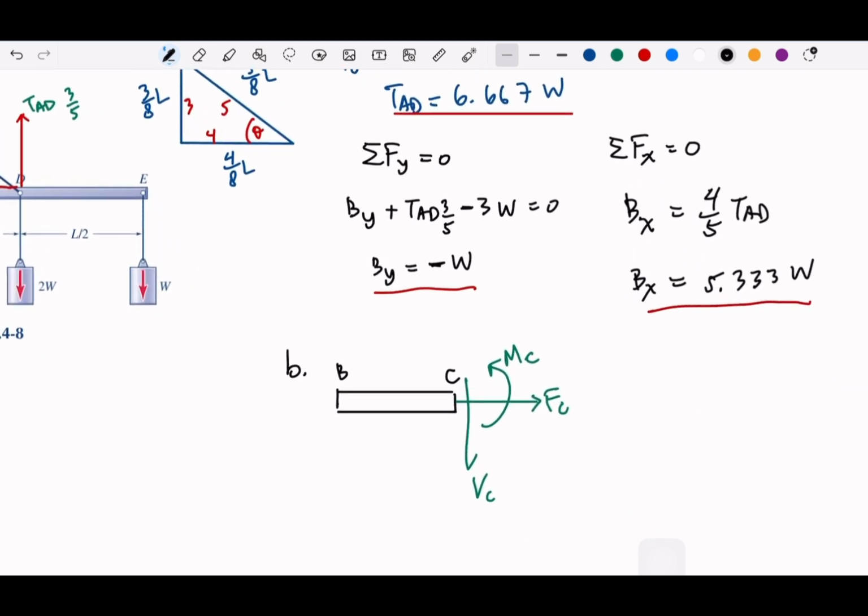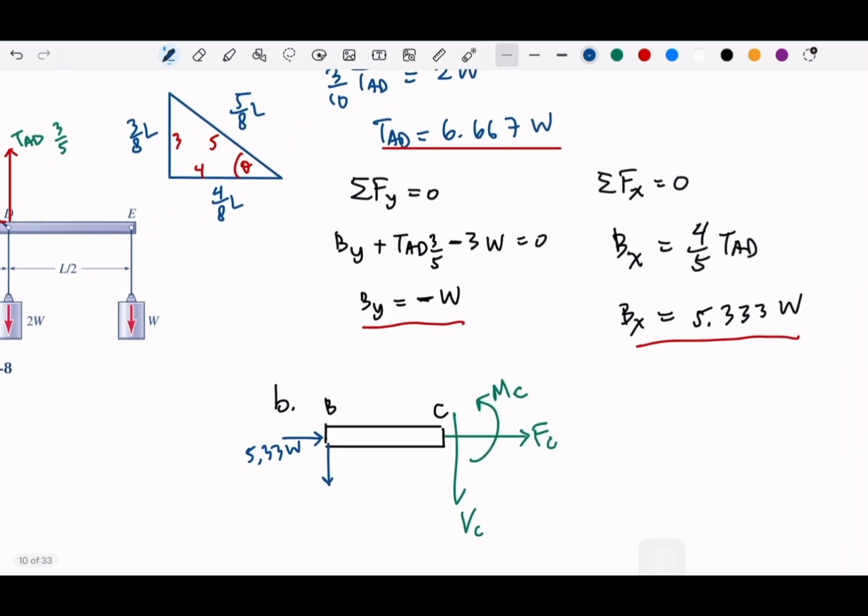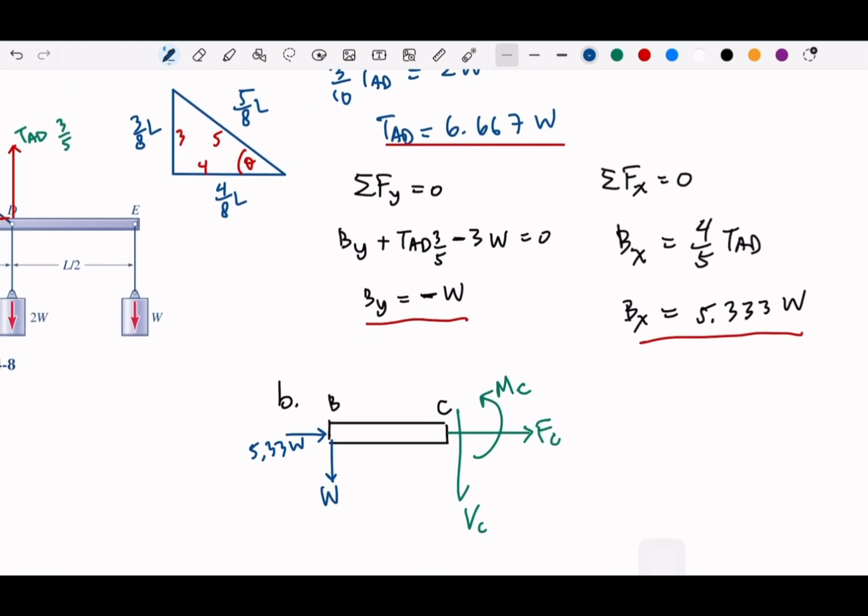All right, so we can have this. This will be 5.33W. This will be W, right? Okay.